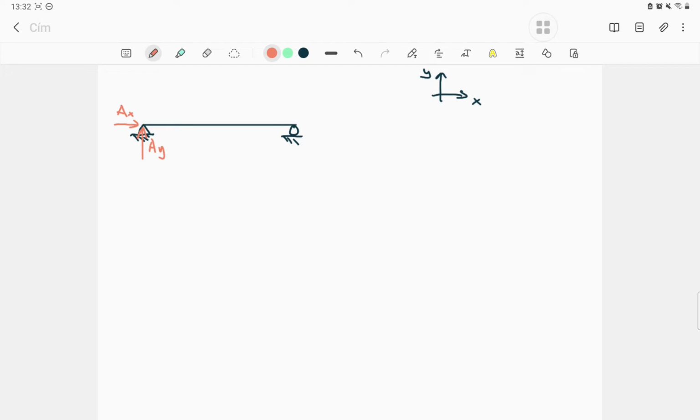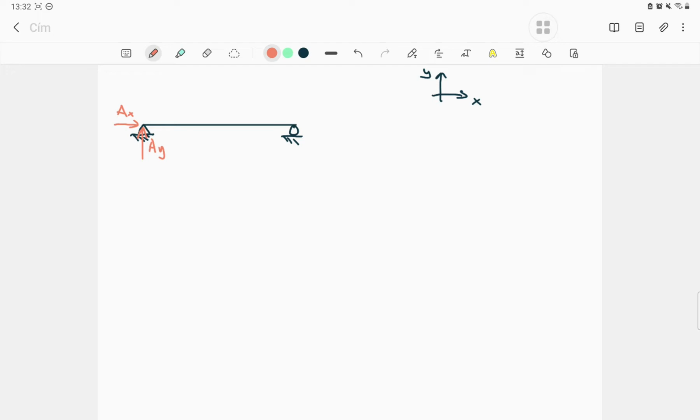The second support point on the right side is a simple roller support. Inside the roller support, we still have only one force, but we know the direction. We don't have to figure out the angle, because inside the roller support, the force direction every time is perpendicular to the ground, to the movement of this roller support.